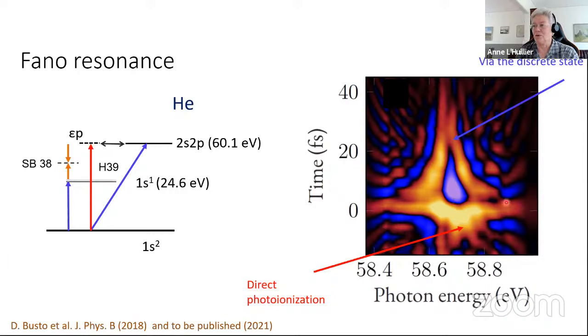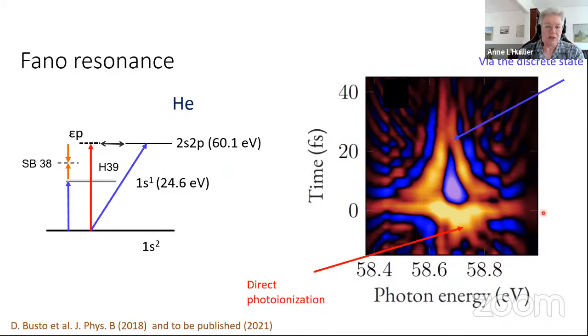There is first a horizontal feature, rather broad in frequency and short in time. This corresponds to direct photoionization. Then we have a vertical feature, which corresponds to autoionization via the discrete state. And there is strong interference between the two processes. This blue part here corresponds to a negative part of the Wigner distribution.